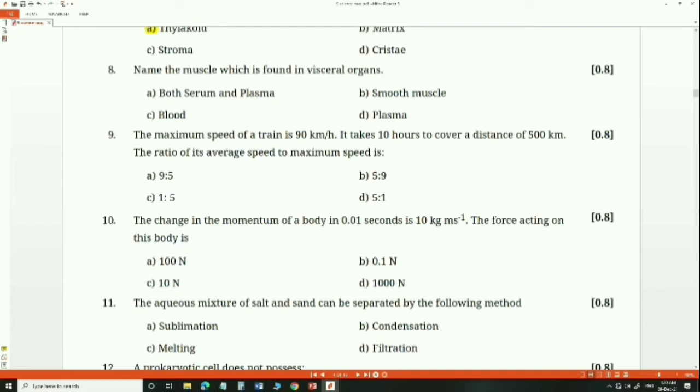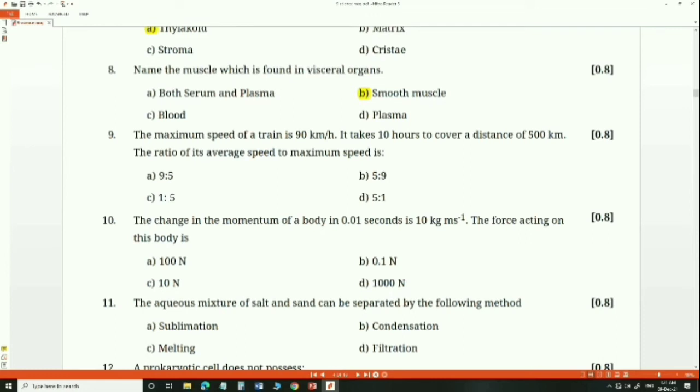The right answer is B, smooth muscle, because visceral muscle tissue or smooth muscle is tissue associated with internal organs of the body, especially those in the abdominal cavity. So B is the right answer.